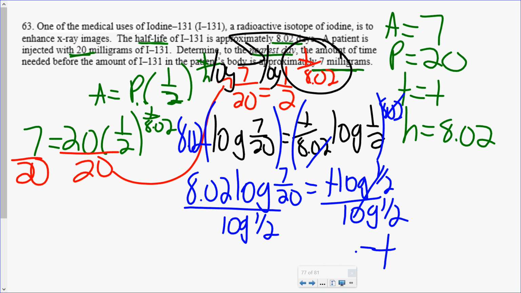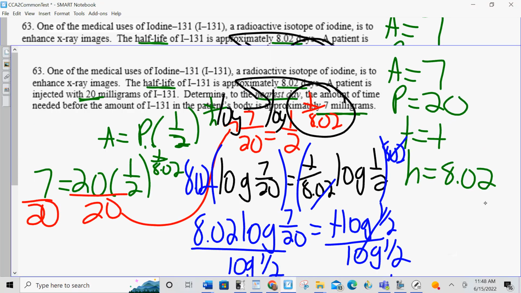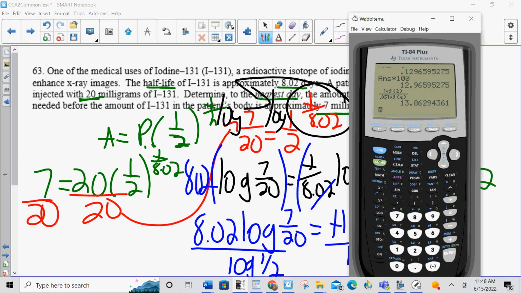T equals 8.02 log 7 over 20 over log 1/2. It says to the nearest day, that would be 12.